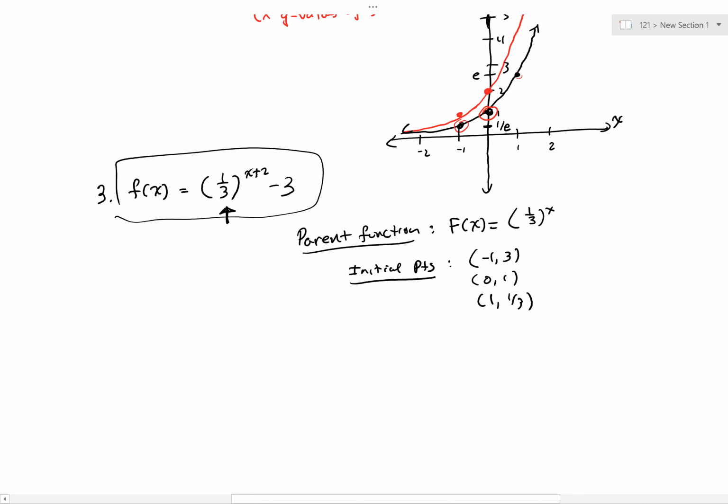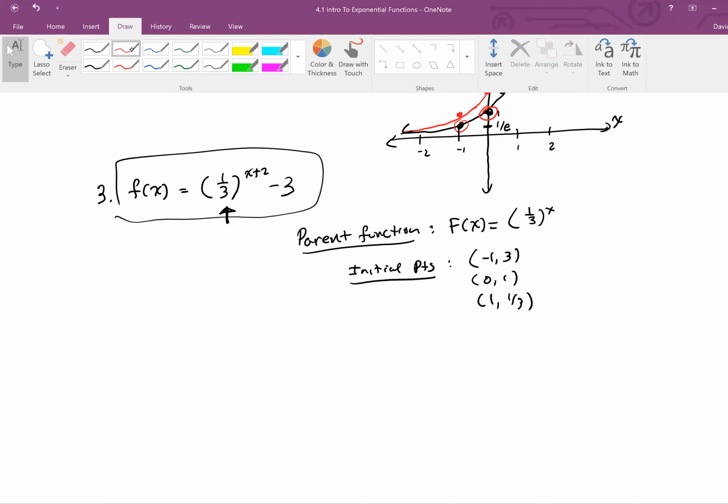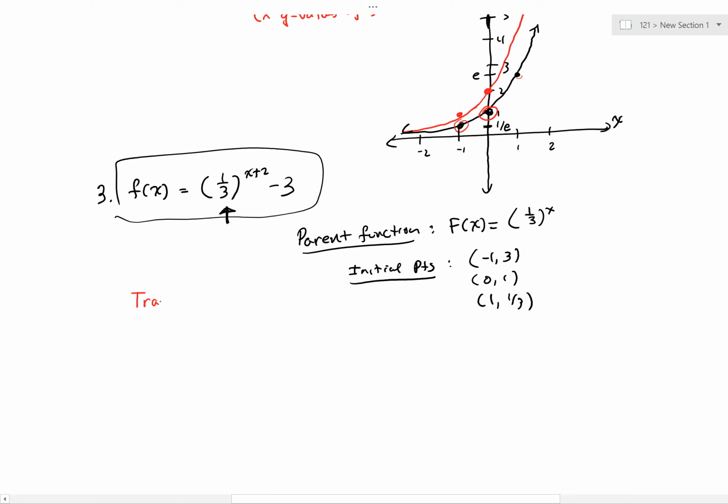So what transformations are we talking about here? Well, there's 2. Remember, the first transformation you always look for is a horizontal shift. Is there a horizontal shift? Meaning, for exponential functions, is there something being added to or subtracted from x in the exponent?